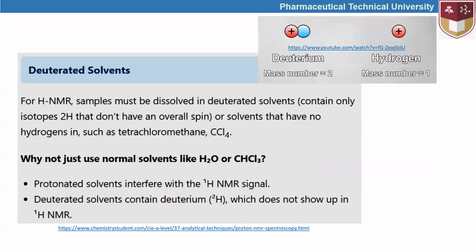Okay, next, deuterated solvents. We know hydrogen has only one proton and no neutron, and deuterium has one proton and one neutron.